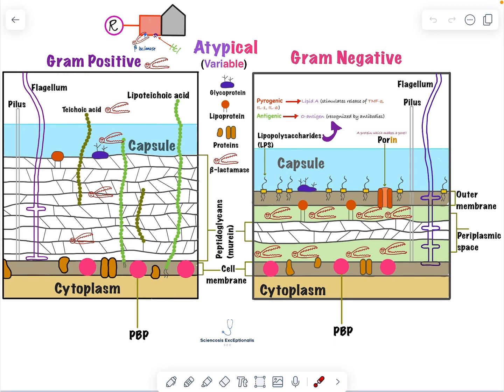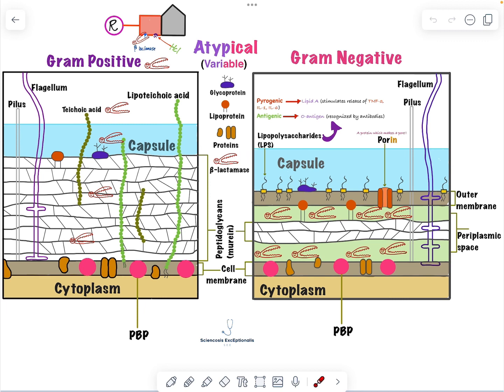Unlike gram positive, gram negative have an outer membrane which is composed of an outer layer and an inner layer. The outer layer contains lipopolysaccharides or endotoxins, which are released from dying bacteria and composed of lipid A, which is pyrogenic.